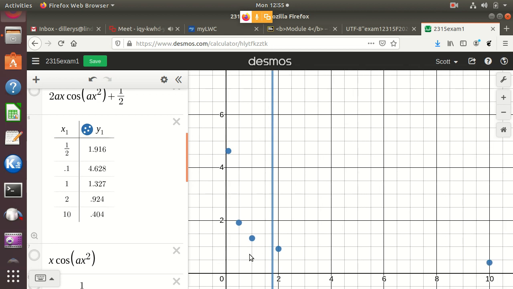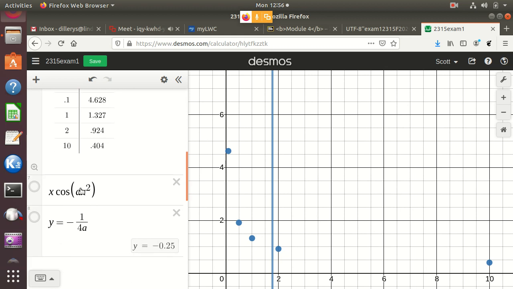And so I looked at that and I thought, well, what the heck is that? Well, it looks a lot like 1 over x. Right, so I just thought, well, it's something like 1 over x squared, 1 over x cubed, something like that.